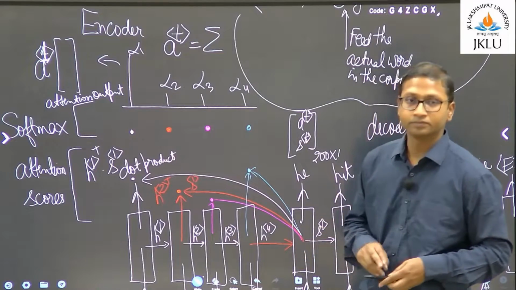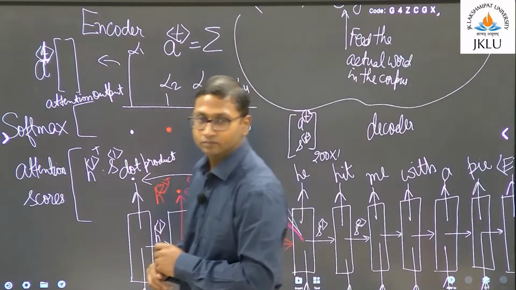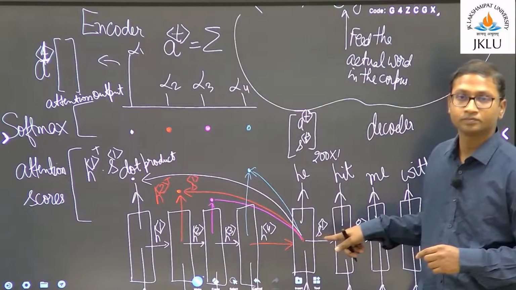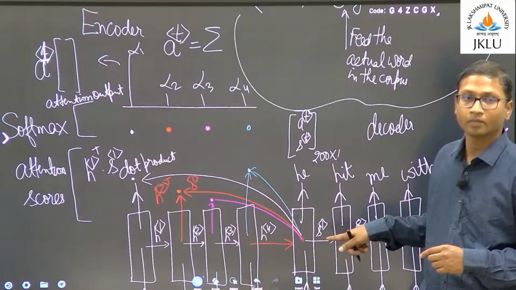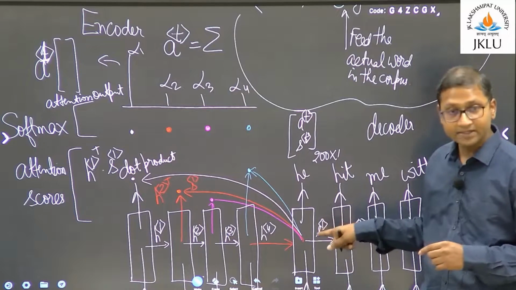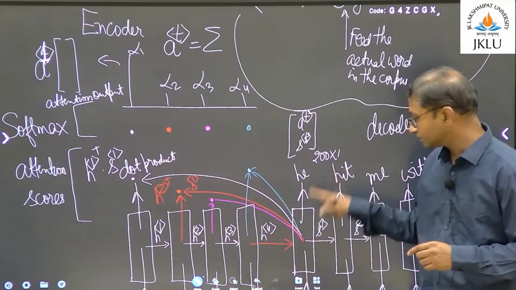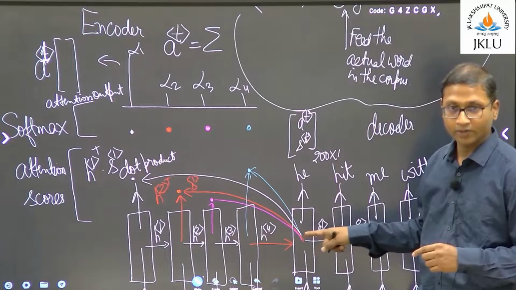What is S1? This is the hidden state, the hidden state for the decoder. Now what?